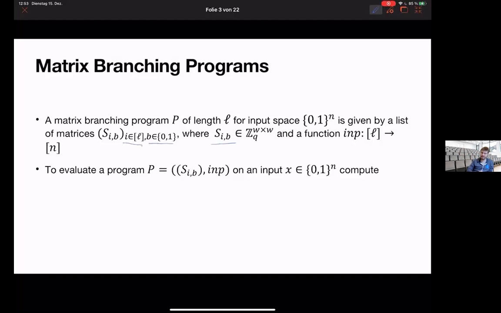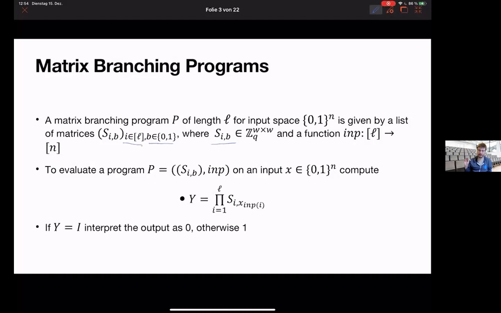Now, given such a branching program specified by these matrices S_{i,b} and this input map, how do we actually evaluate such branching programs? Well, let's take an input x in {0,1}^n. We just compute the product of the matrices S_{i,x_{inp(i)}}. I'm going to make a drawing on the next slide to visualize how this evaluation procedure works.